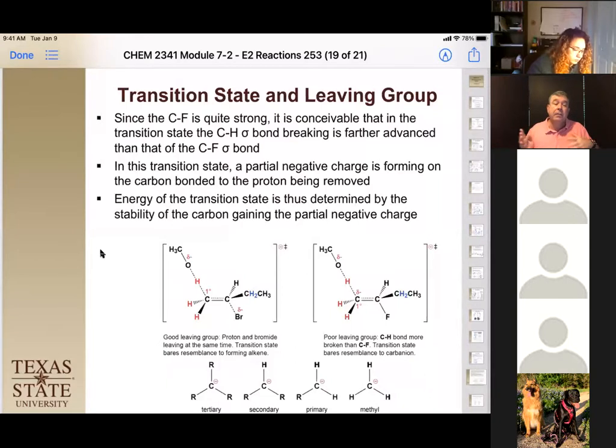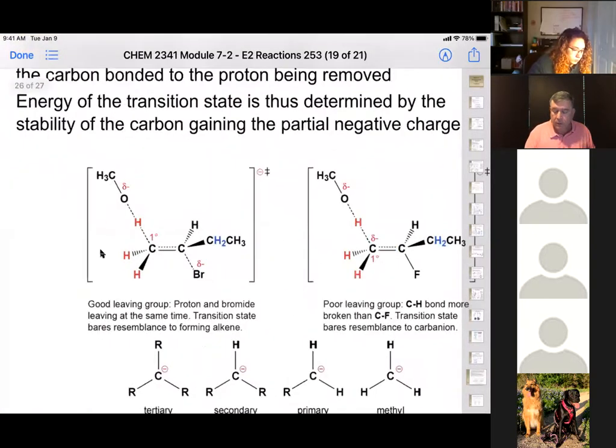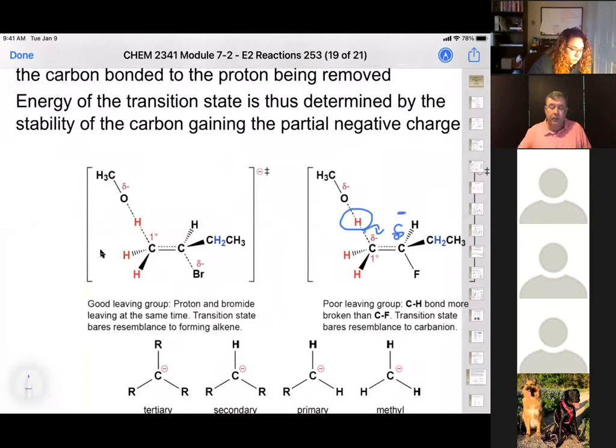So even though we're doing it in a concerted reaction, the hydrogen is more removed in the case of this system here. And as we're starting to remove it, we're leaving electrons here and getting our partially positive charge on this side over here. In the case of bromine, it's a much better leaving group.